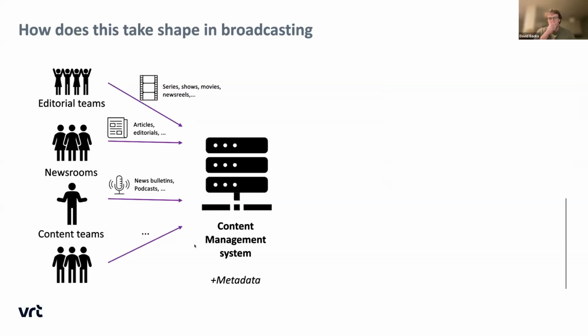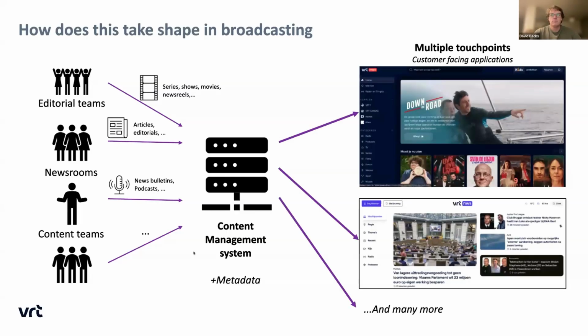This all gets put into a content management system, where the business users also put in the metadata of the data. And this flows through a lot of different touch points. For example, we have a streaming service, but also a page where all the news articles are shown, and many, many more touch points.